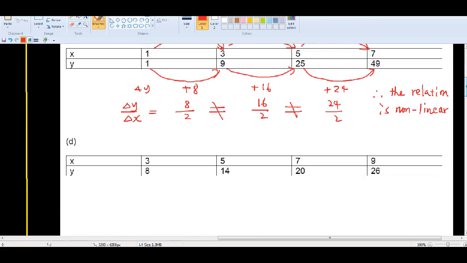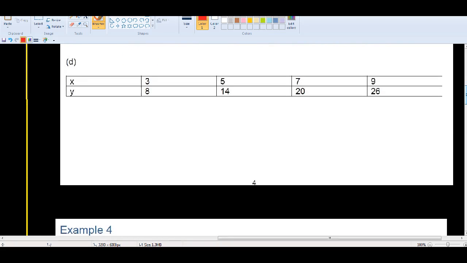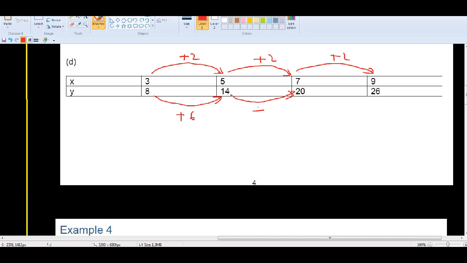Okay, the last one, let's check. x is plus 2, plus 2, plus 2, and y is plus 6, plus 6, plus 6. This time, when we look for delta y over delta x, we get 6 over 2, 6 over 2, 6 over 2. Are they all equal?